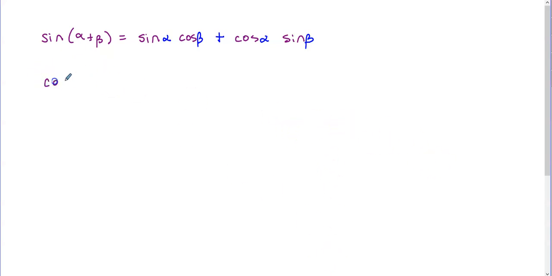And then we did the cosine of alpha plus beta. And that went cosine, cosine, sine, sine, where we used the opposite sign here, and you still did alpha, beta, alpha, beta. The chant that we did in class was sine, cosine, cosine, sine, cosine, cosine, sine, sine.